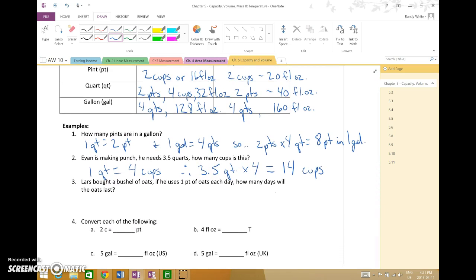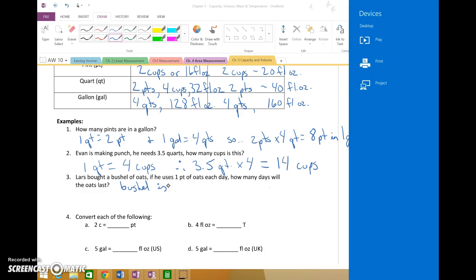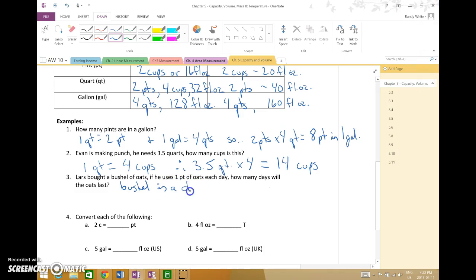Okay, Lars bought a bushel of oats, and what a bushel is, it's a dry unit. And typically 1 bushel is the same thing as 8 gallons. Okay, so he bought a bushel of oats and uses 1 pint of oats each day. So how many days will the oats last?